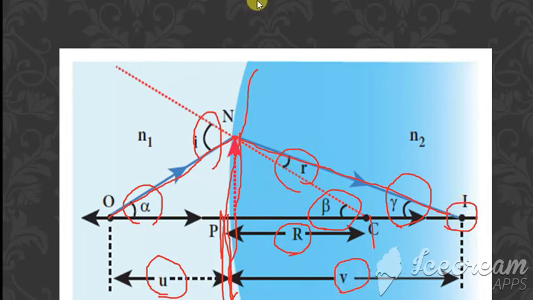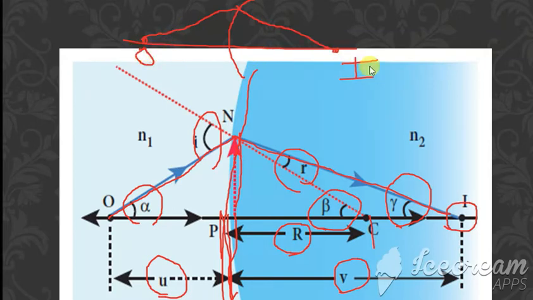How it has been formed is, first consider this to be the object. From the object the light falls on the surface, and consider that the image is being formed at the point I. So this is the object and this is the image.